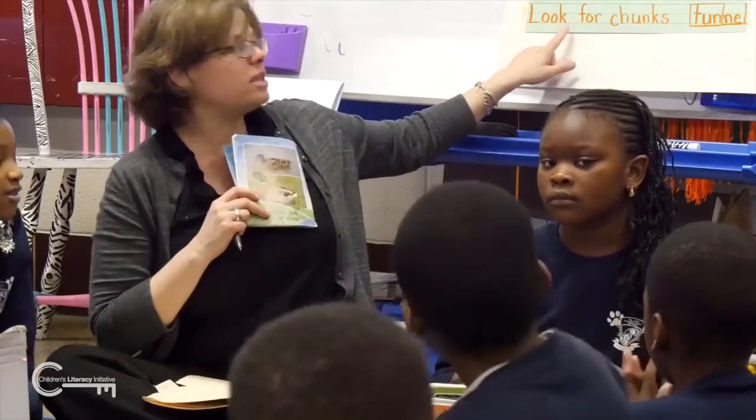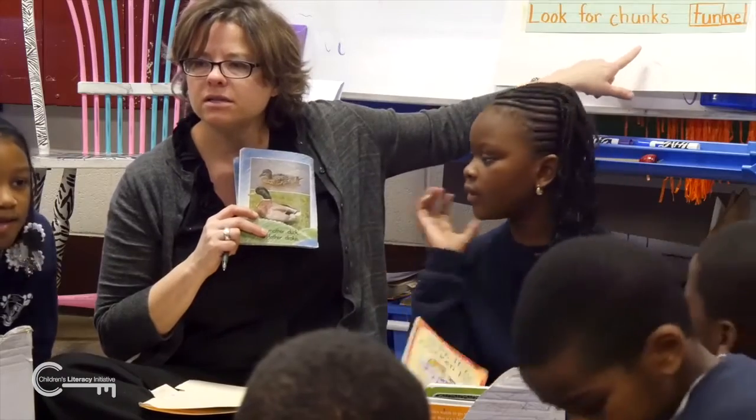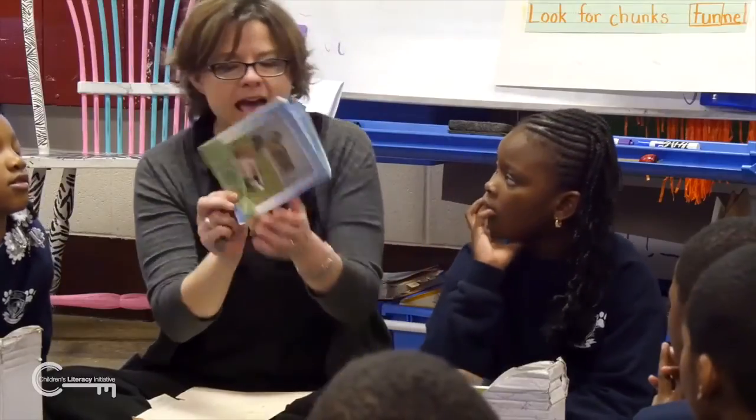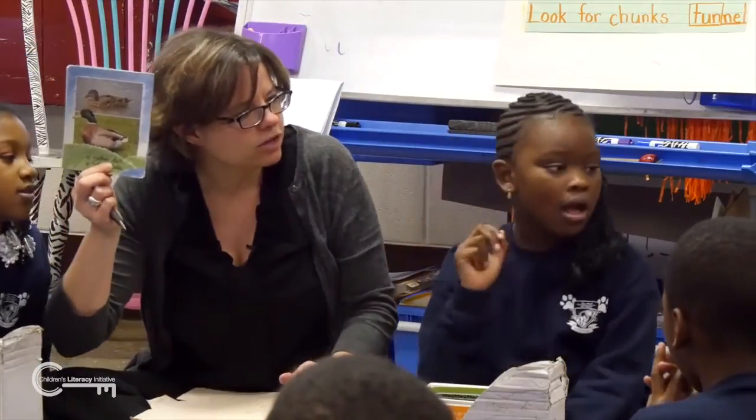And so he used this old strategy that we love. He looked for chunks. And he covered up the last three letters and just did dr. And then he covered up the front and he did ake. And he put it together, and what word did you get? Drake. So he used this fabulous strategy.